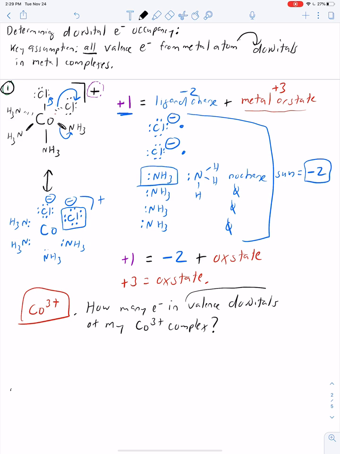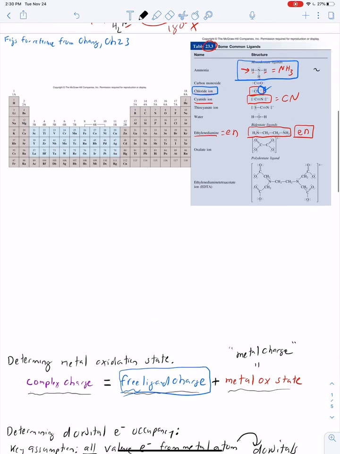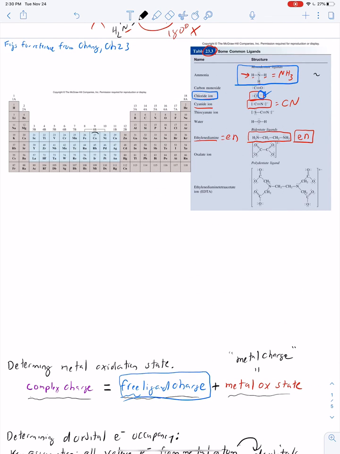The valence d orbitals in this case are the 3d orbitals for cobalt. I can show you that up here. Cobalt is right there, in a row where the 3d are the valence d orbitals. If I were doing, say, rhodium beneath it, then the valence d orbitals would be the 4d, and iridium would be the 5d.